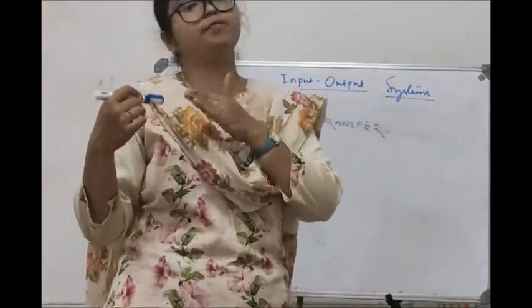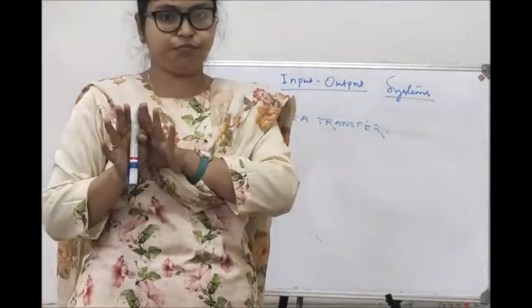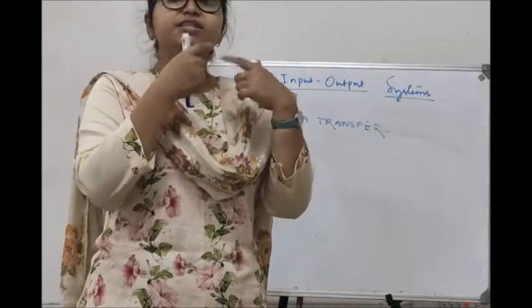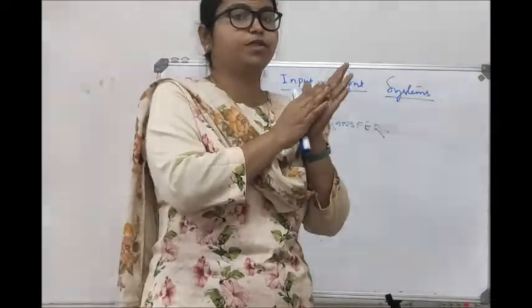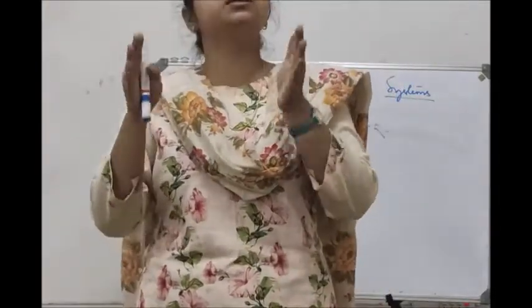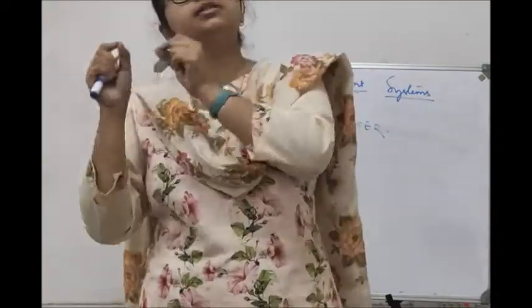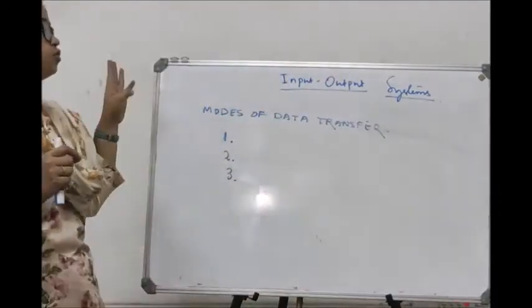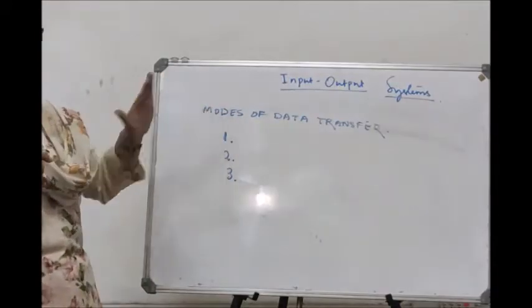Computer means memory, because data is transferred and stored in memory only. When the processor processes it, it may use some of its internal memory called registers. Registers are part of the CPU, but the computer's memory is where the data is stored. So how is data from I/O stored in memory? There are three ways of doing it.